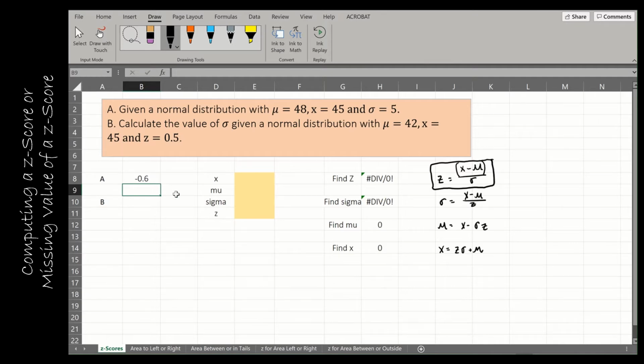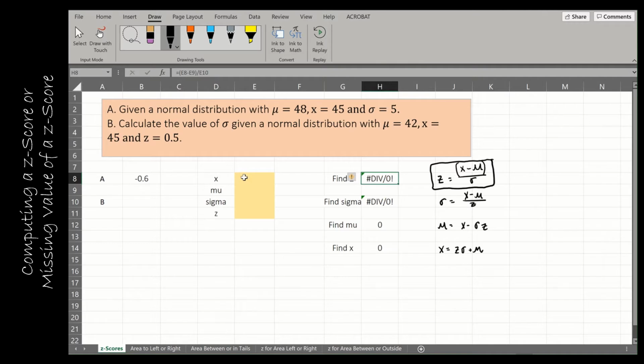Now, before I do question B, I want to show you what I've done over here. I have found this formula, and I've created these 4 input boxes to help me to find Z or to find a missing value in case I'm lazy and don't want to have to redo it every time. So here's what I did. In this box, I have entered E8 minus E9 divided by E10.